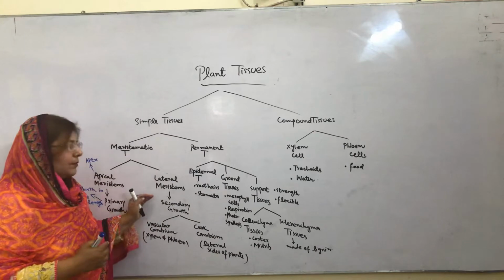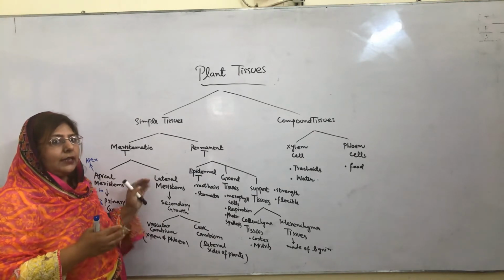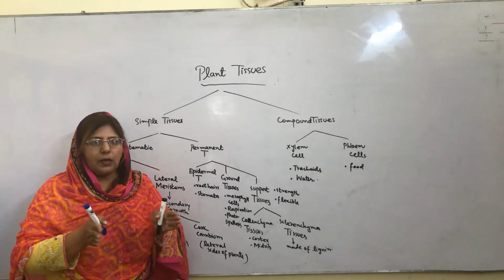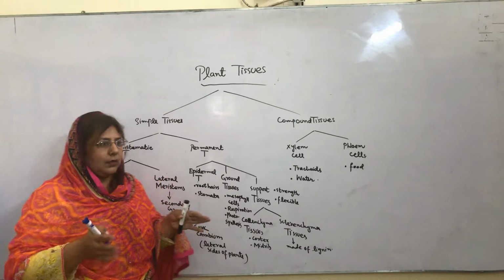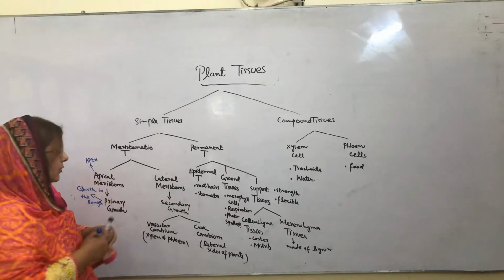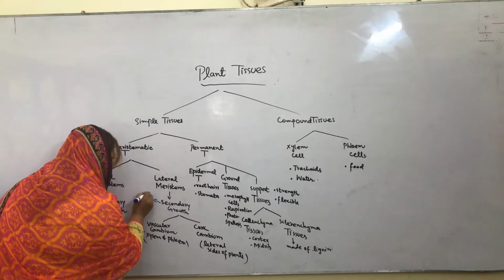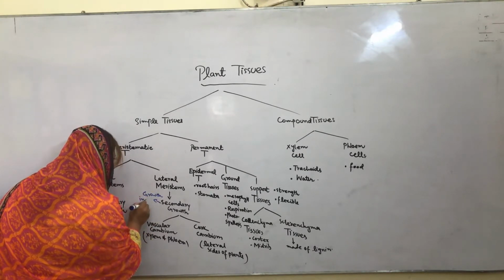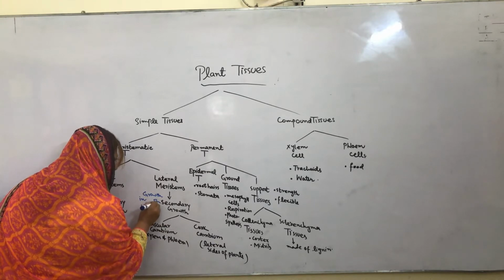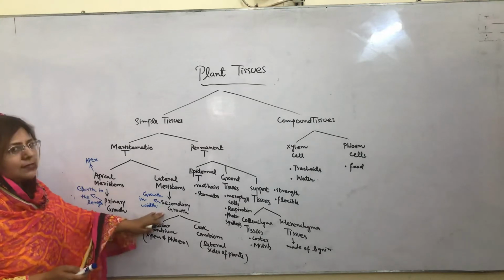When lateral meristem cells are produced, they increase the size of the plant in width. This is called secondary growth. So this is the difference between primary growth and secondary growth.